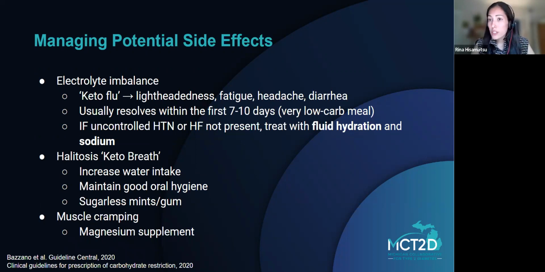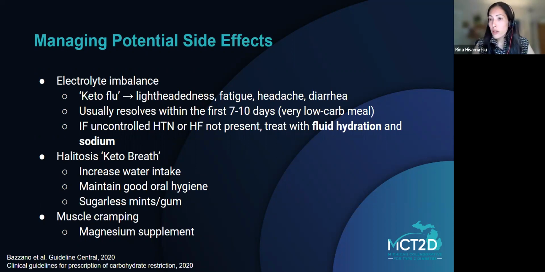The next potential side effect is known as keto breath. This is something that individuals may experience on a very low carbohydrate meal plan, often due to the increase in ketone bodies.